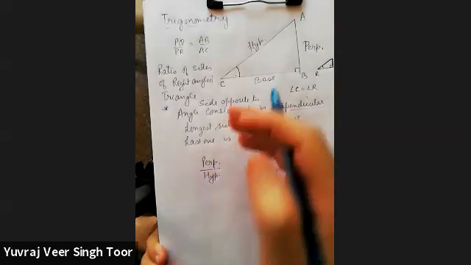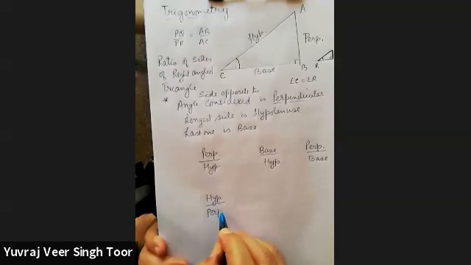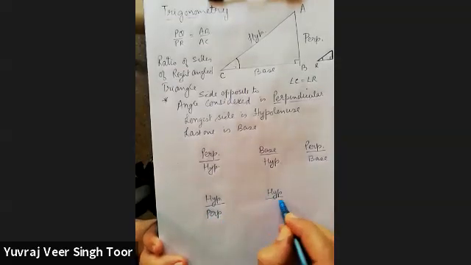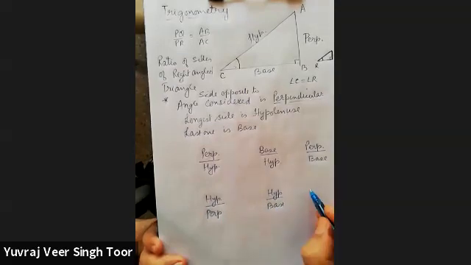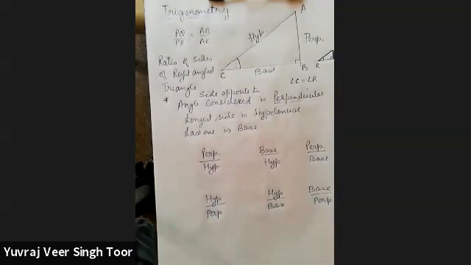And if this is a ratio, we can have the reciprocals also. So reciprocal is also one kind of ratio. So in all, we can have 6 ratios. And these 6 ratios were given names.